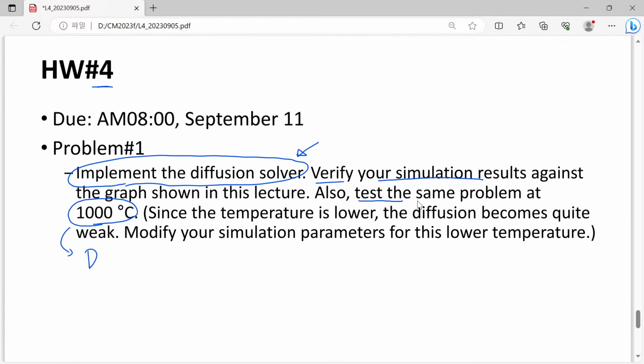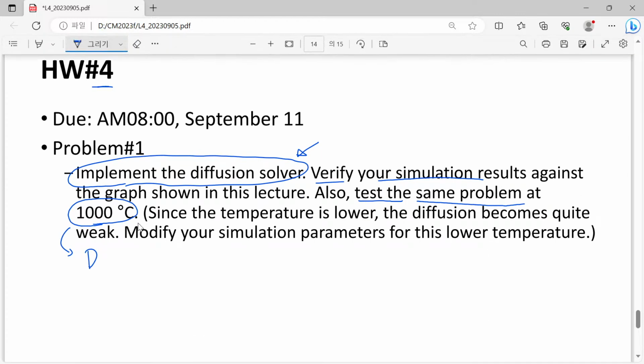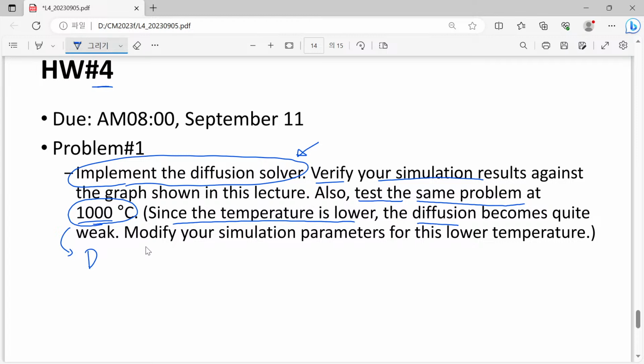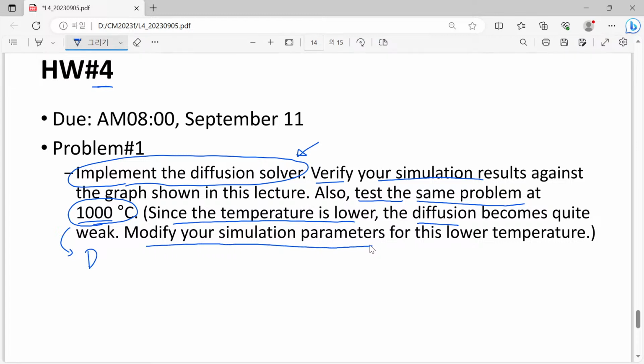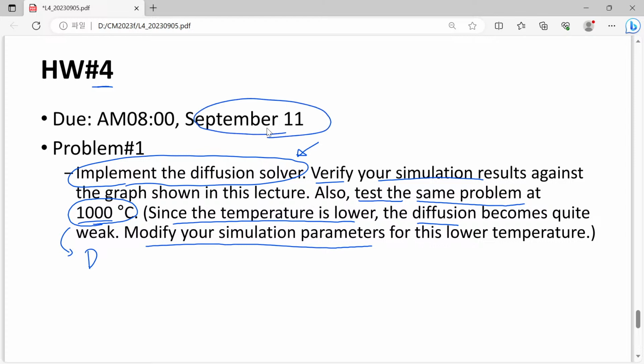Please test your code at reduced temperature, and since the temperature is quite low, diffusion is suppressed, so please modify your simulation parameters for this lower temperature. That was all for our homework, and as usual, your due date is next Monday morning.